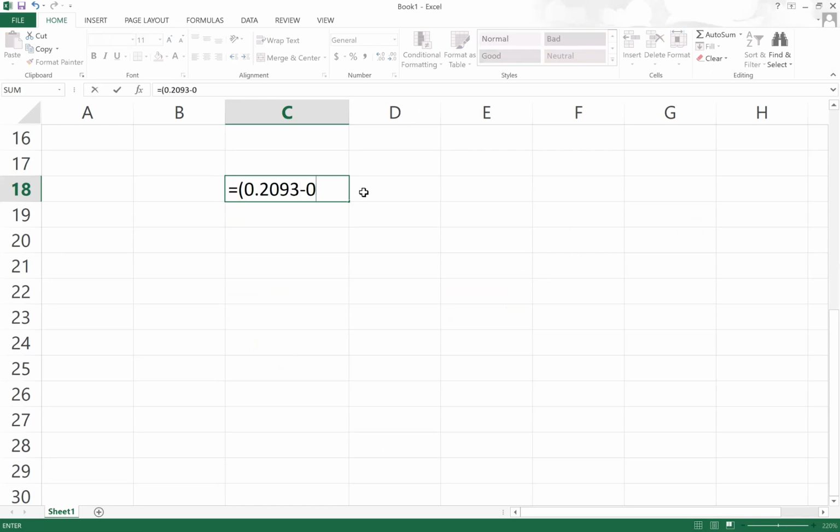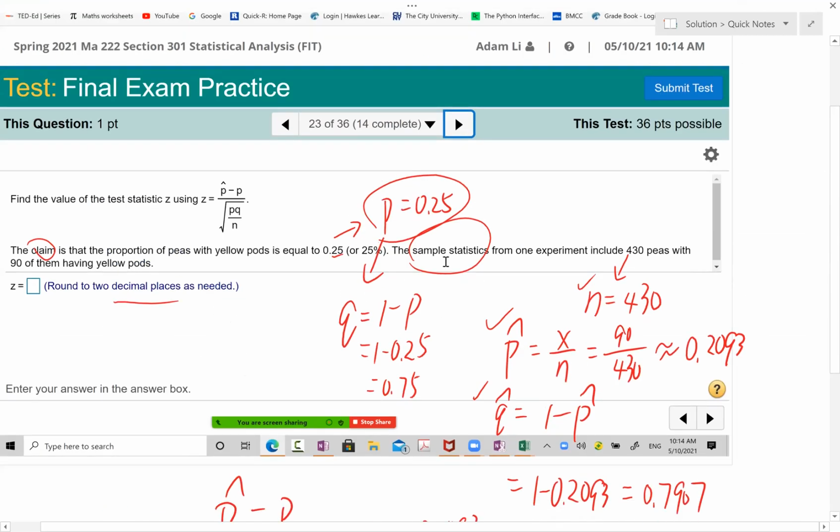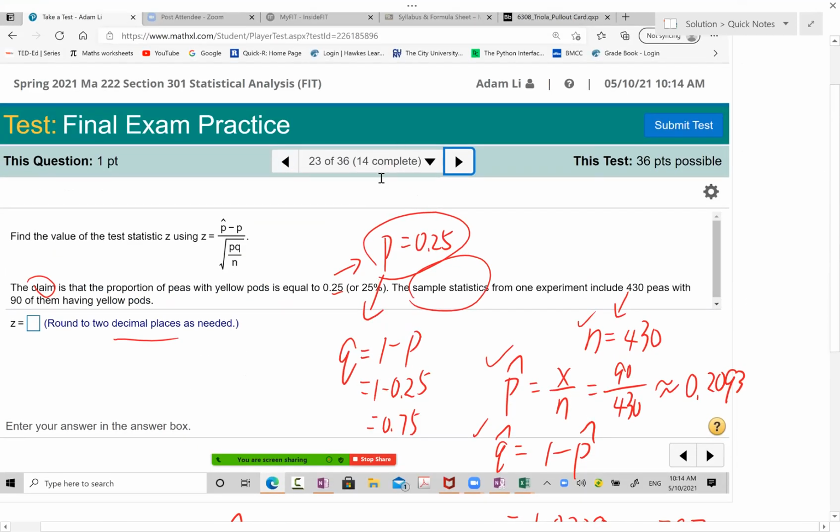So 0.2093 minus 0.25, divided by the square root of 0.25 times 0.75 divided by 430. Let's do it. And to 2 decimals we get negative 1.95. That should be the proper answer. That's question 23.